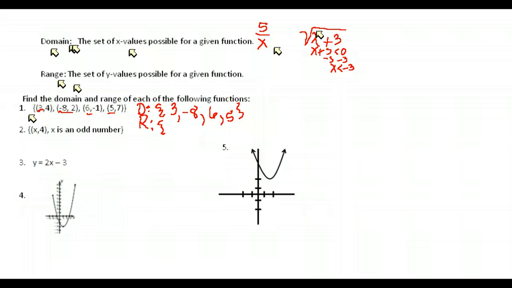Yeah, these are the easiest range and domain to find is when they give you a set of points. So our range would be 4 and 2 and negative 1 and 7. Okay? We just listed the y. Okay? Domain is your x values. Range is your y values. Okay, if you need to take notes, pause for a second because I'm going to erase so that we have room for the next question.